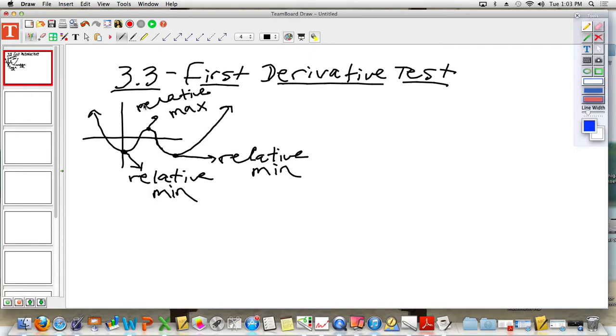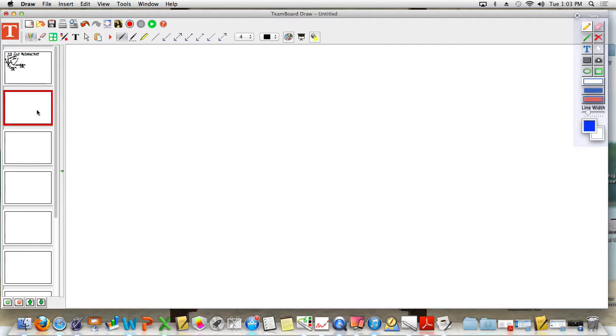All right, so definitions. Can I flip? I told you guys you didn't have to write this down anyway. Relative maximum, let's write down a fancy definition for this. A relative max happens when the derivative of a function, the derivative of f of x, what does the derivative tell you? The slope.